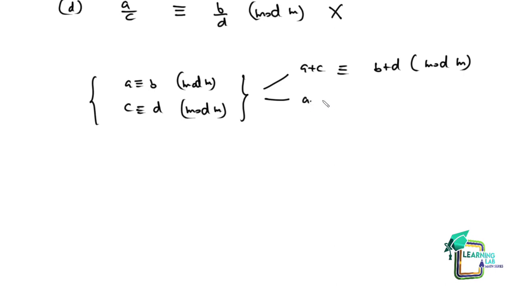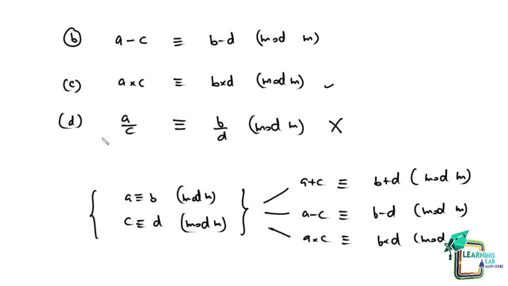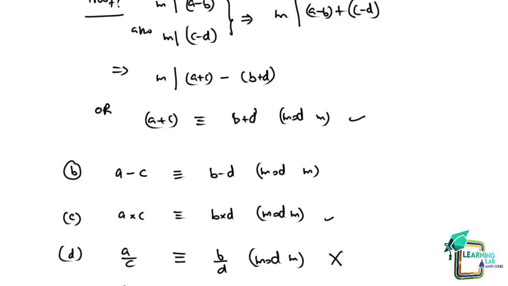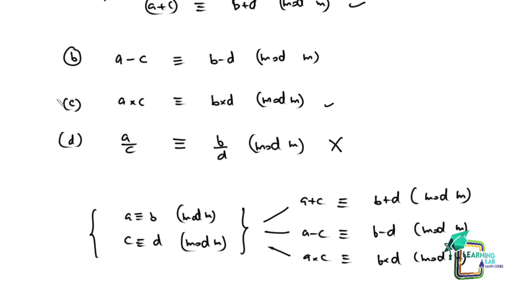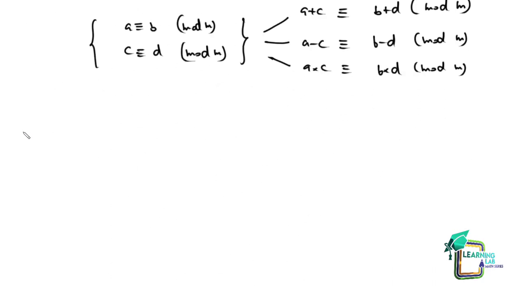Number 2, A minus C is congruent to B minus D mod M. We can take the difference of these two, and A into C is congruent to B into D mod M. That means we can multiply these two, but division is not always true. We will discuss the division property in the next video, right? So these are the sub properties of property number 3. So move to property number 4.